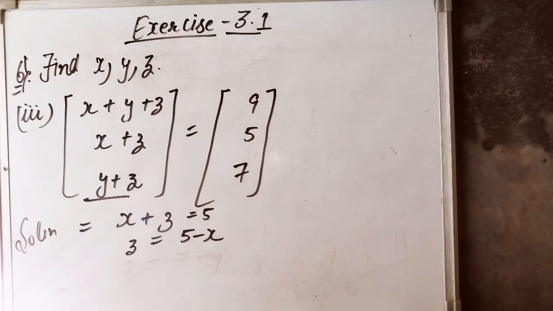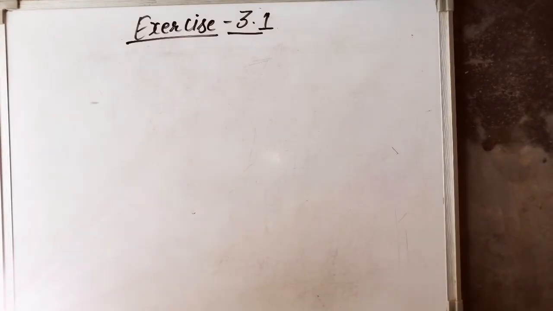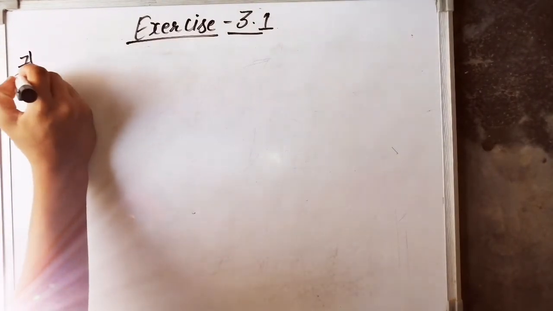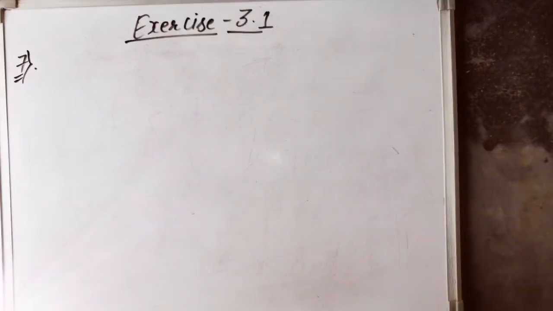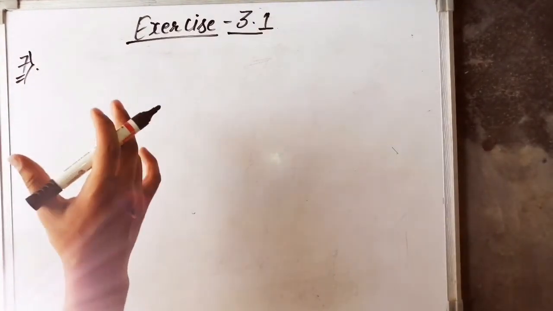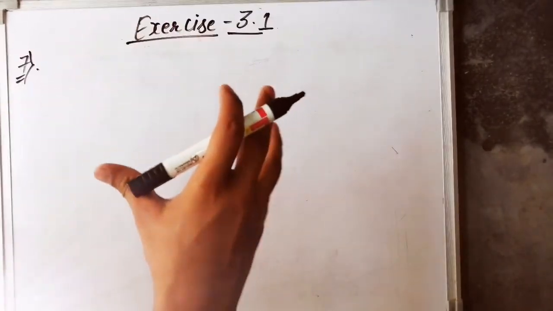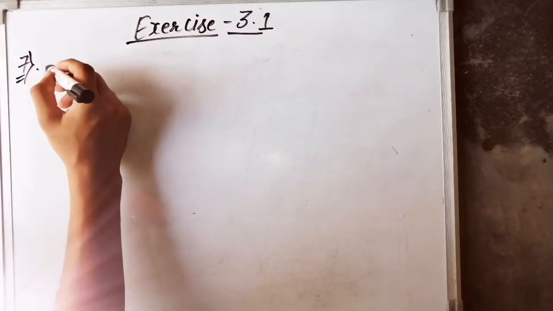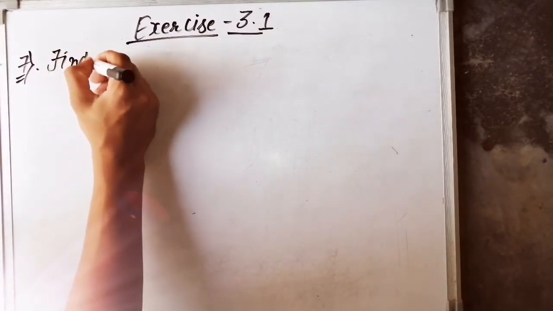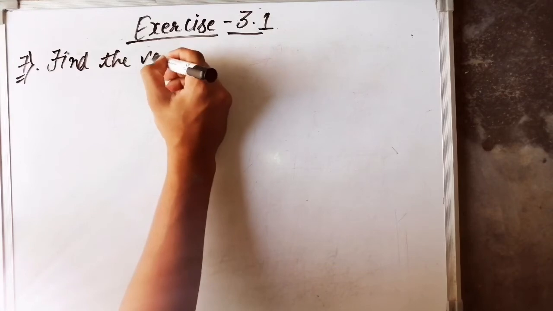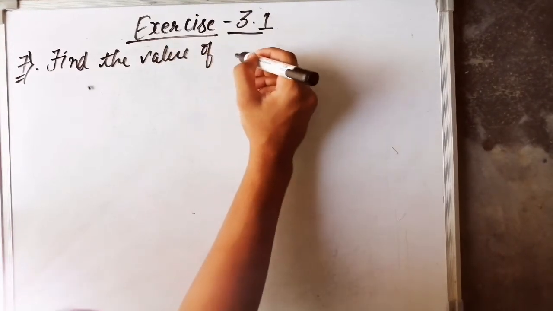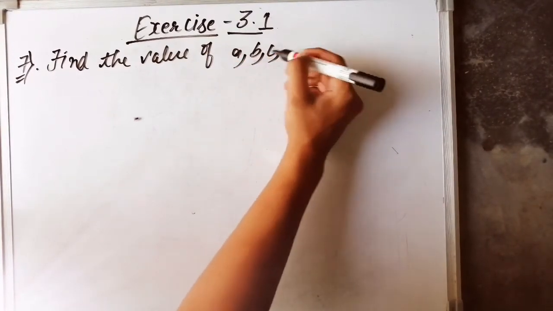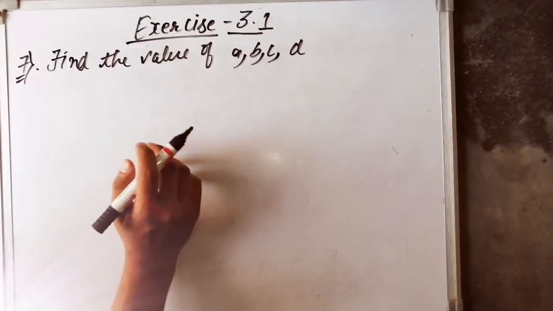Now let's have a look at the seventh question, but before that pause the video to note it down. Okay students, let's have a look at the seventh question. In this question also we need to find the values of a, b, c, d by using the equality of matrices.